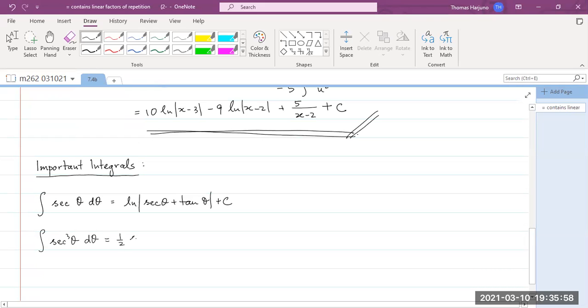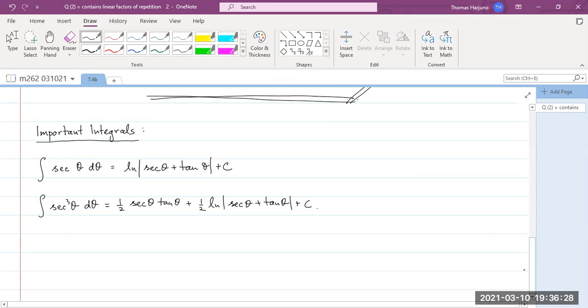That's 1/2 secant theta tangent theta, plus 1/2 natural log of secant theta plus tangent theta, plus constant. When these show up and you have to do them manually, it will be long, so it's better to just memorize them. There are more, but the others are quite easy to figure out.